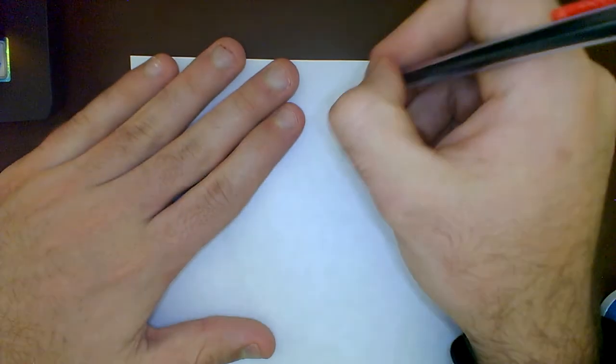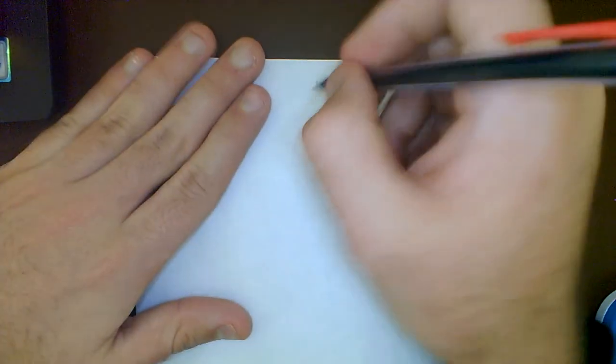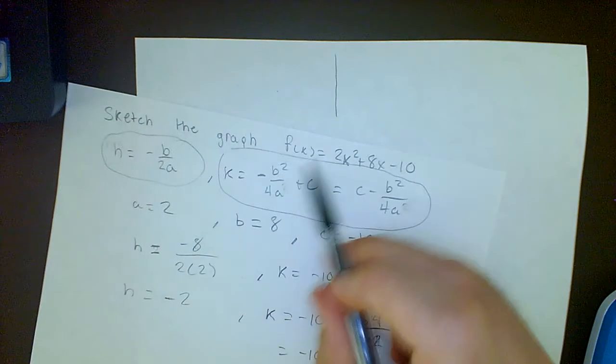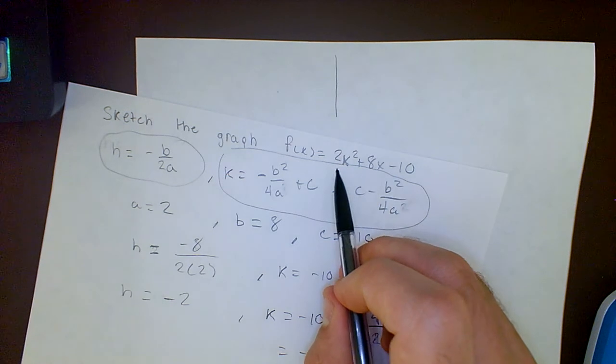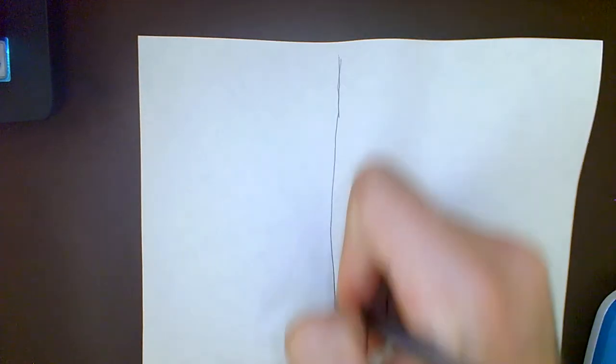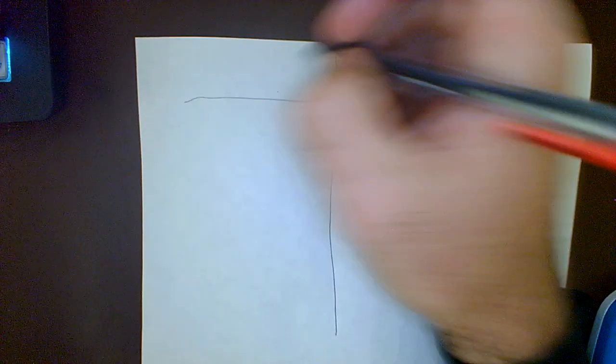Okay, so now if I want to make the graph, I can make the graph. We need to go all the way down to negative 18. The last bit of information is that, remember, a was positive, so we're going to have an upward facing parabola. So we need to go down to the vertex at negative 18.